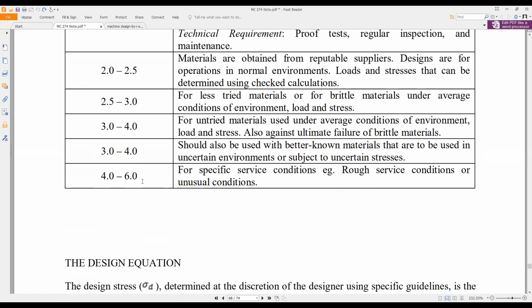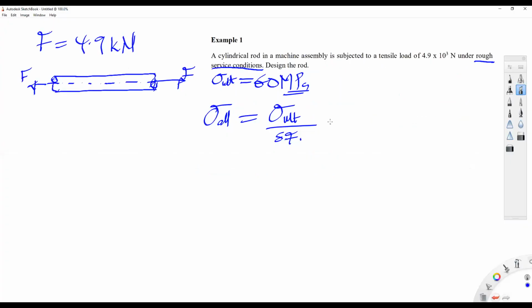Okay, so let's say that for these rough conditions, the factor of safety is 4. So if it is 4, then we can use the 4 as the factor of safety in this case.